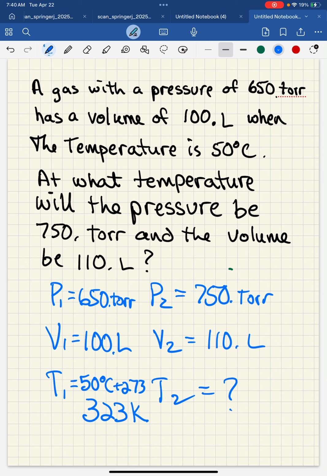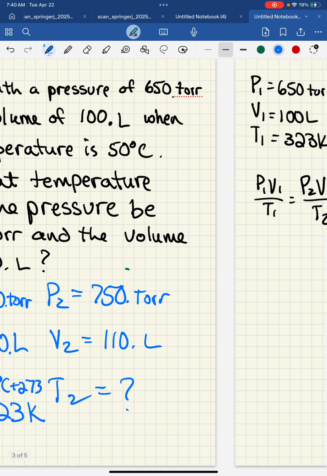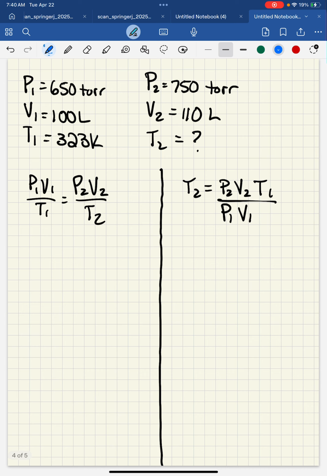So we've just read the problem, made a list of all the things that we know from the problem. Good thing to do. Very good thing to do. You might get a point for that at some point. All right, so let's take a look at how we can solve this problem. We put the P's and V's on top and the T's on the bottom.